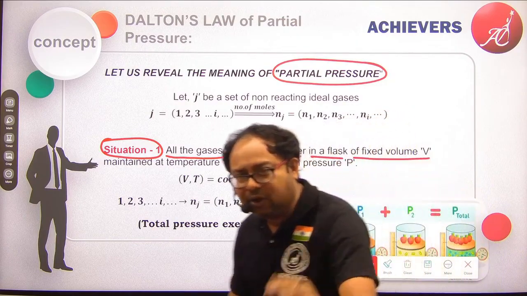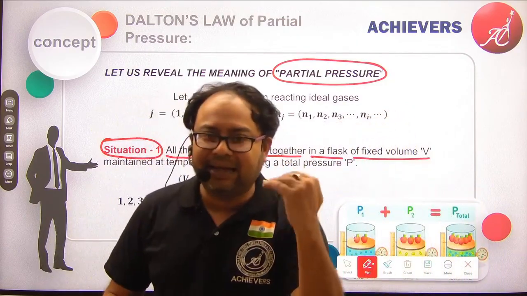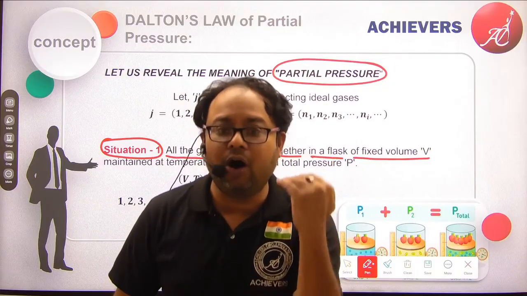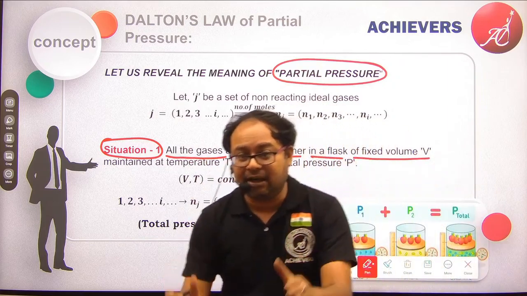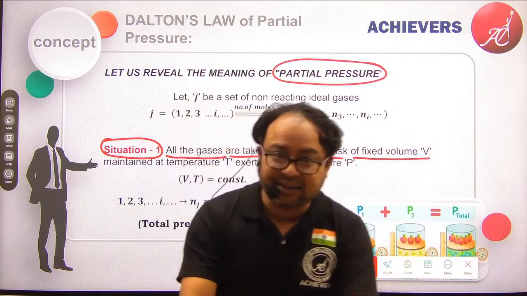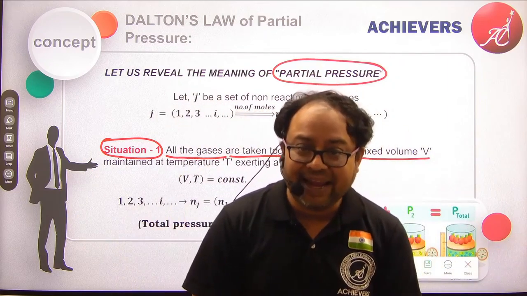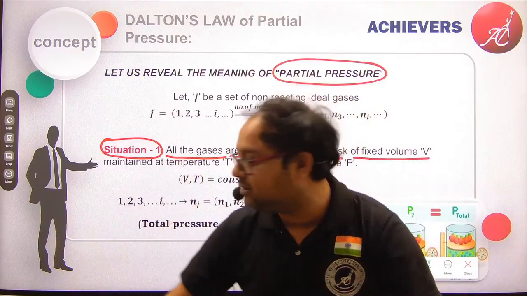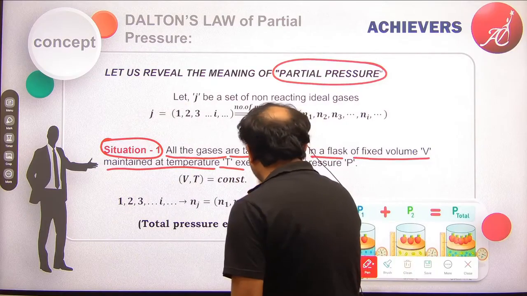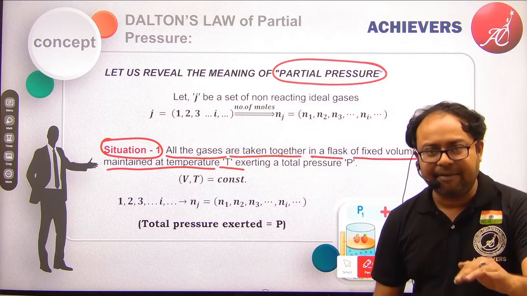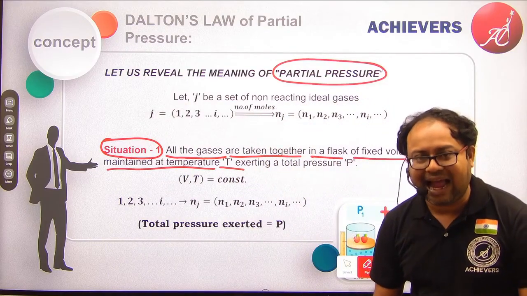As I have already told you, I am going to maintain the constancy of volume. So we have taken all the gases in the ensemble together in a flask whose volume is constant, and that is maintained at a temperature T. The temperature T is also kept constant.